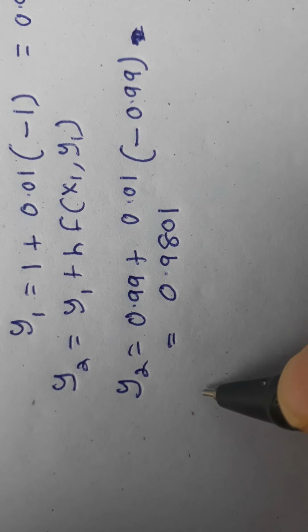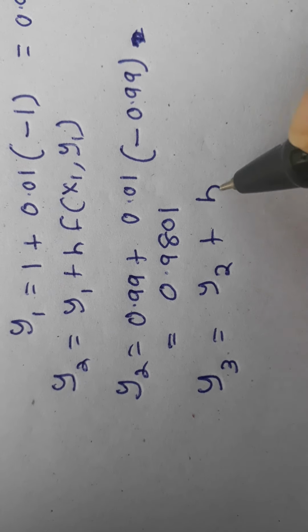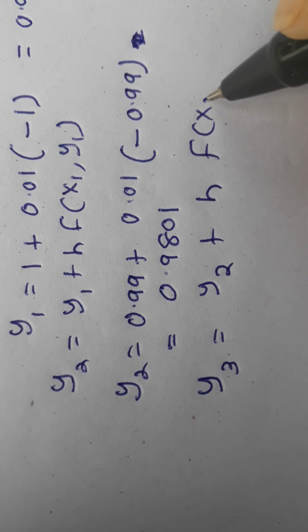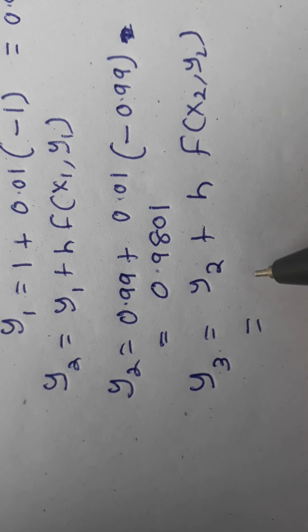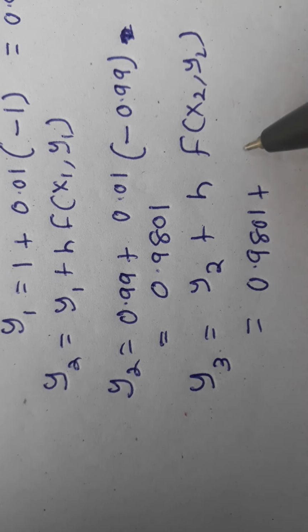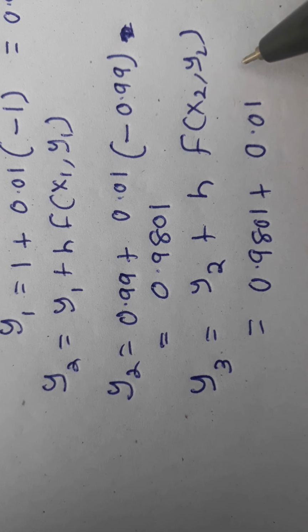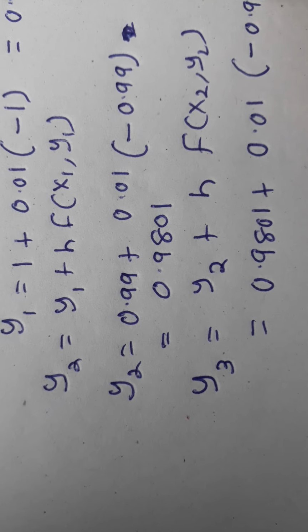Similarly, y3 will be y2 plus h into f of x2, y2. y2 is already found, 0.9801, plus h, already given as 0.01, times f of x2, y2, which means minus of y2, minus of 0.9801.